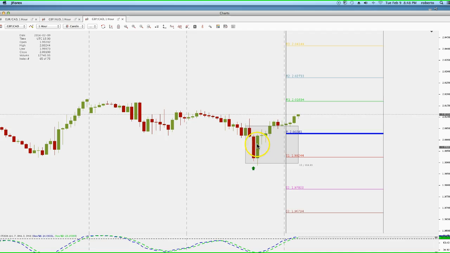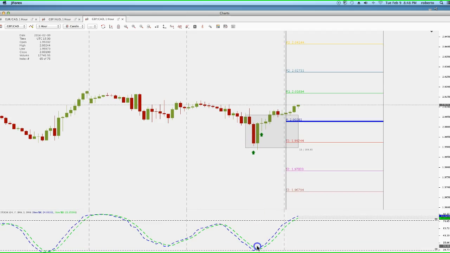I don't have the indicator on this chart, but I'll give you an example of what happened on the pound Canadian dollar. This is a 1-hour chart with the stochastics indicator oversold. So we use the stochastics indicator, the candlestick pattern, and the alert system.